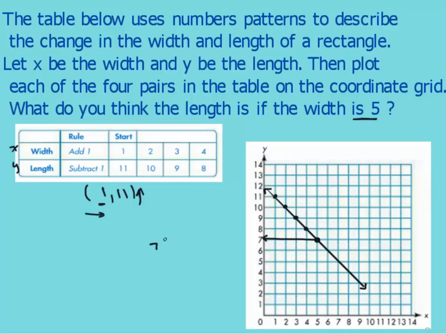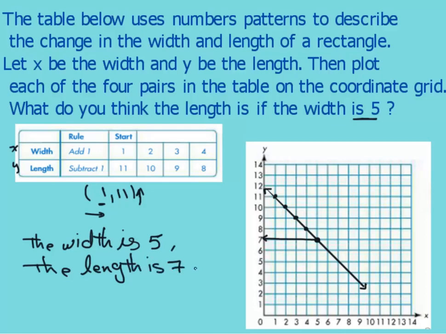Now I know what the y is. Now we can say, when the width is 5, the length is 7.